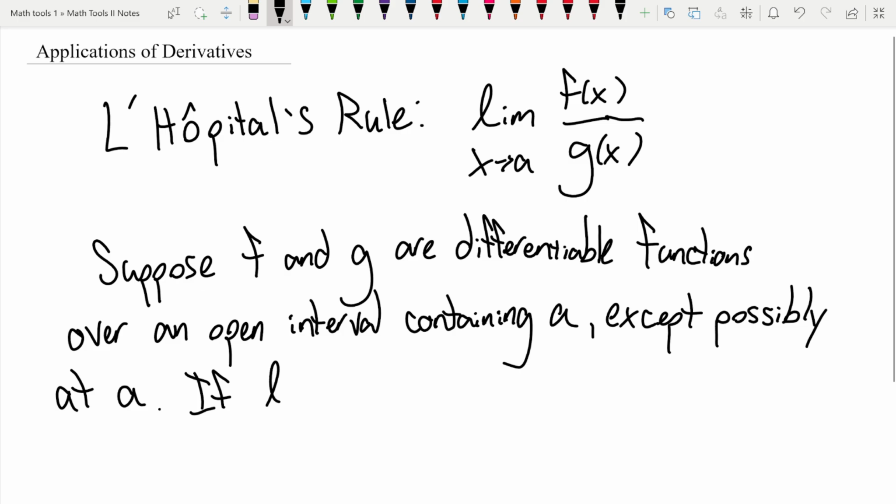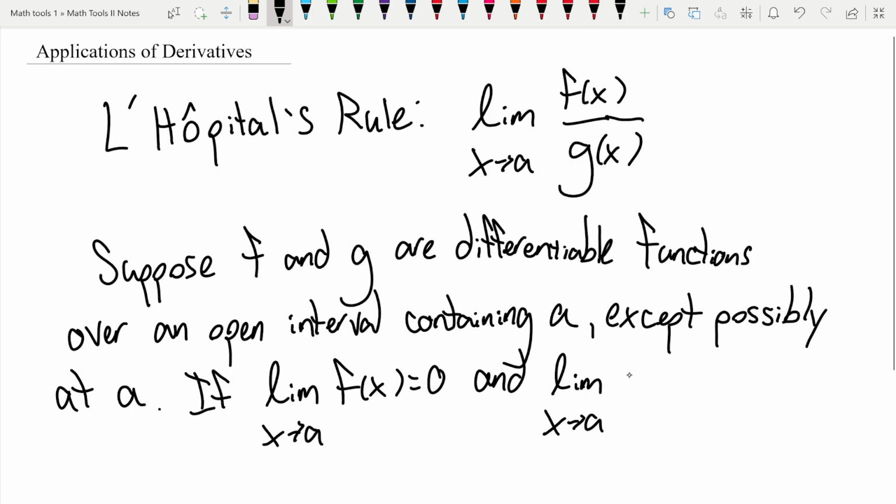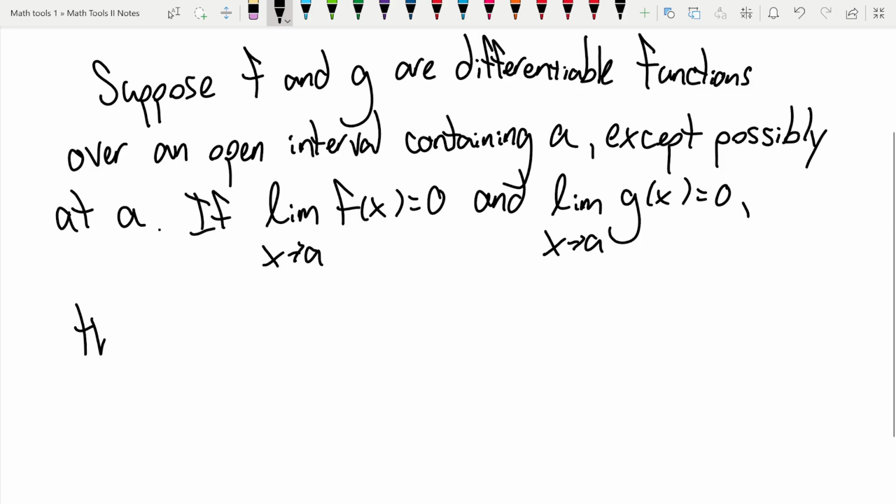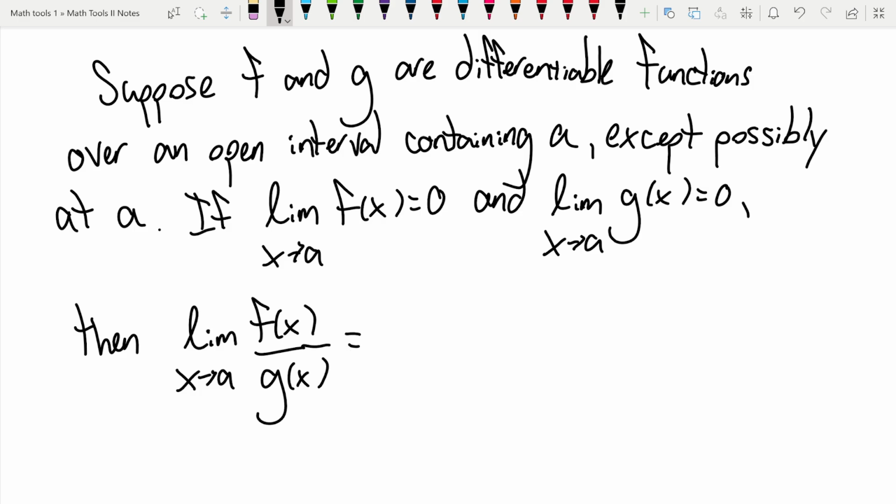If the limit as x approaches a of f of x equals 0 and the limit as x approaches a of g of x equals 0, then the limit as x approaches a of f of x over g of x equals the limit as x approaches a of f prime of x over g prime of x.